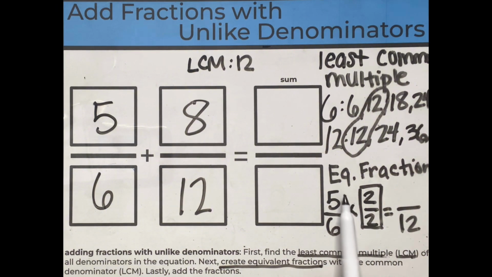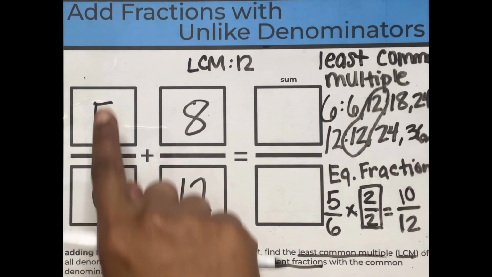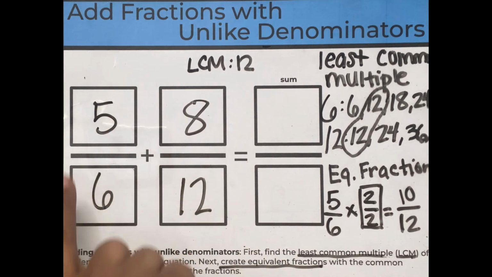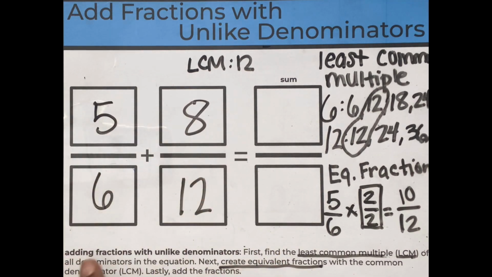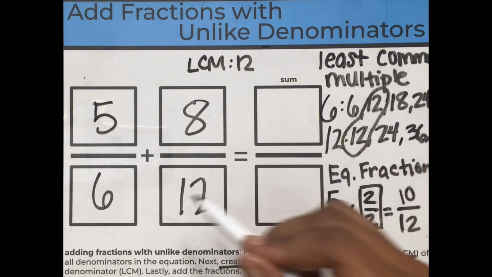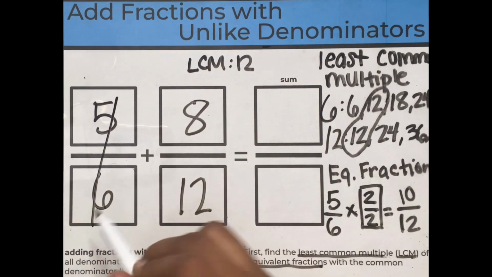Now I'm going to multiply my numerators. 5 times 2 is 10. Now, instead of using 5/6, I now have another fraction, 10/12, that I'm going to use instead.